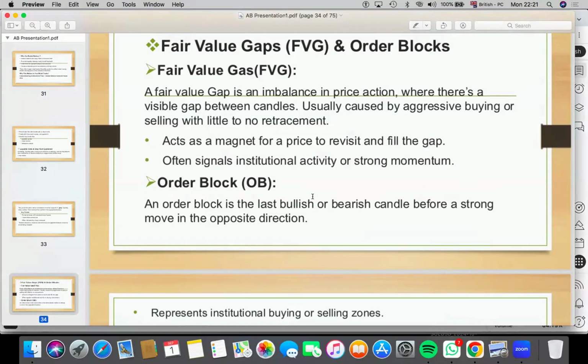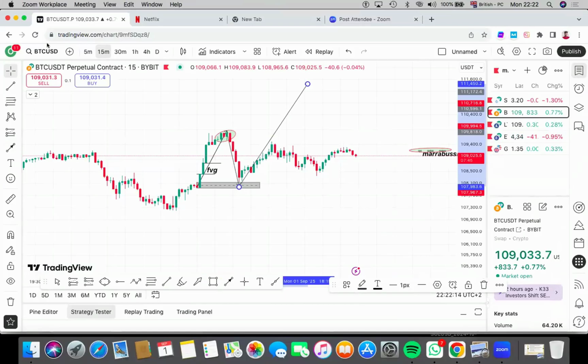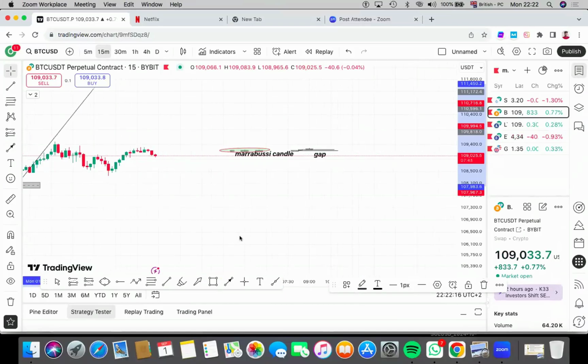An order block is the last bullish or bearish candle before a strong move in the opposite direction. So let me open my charts.